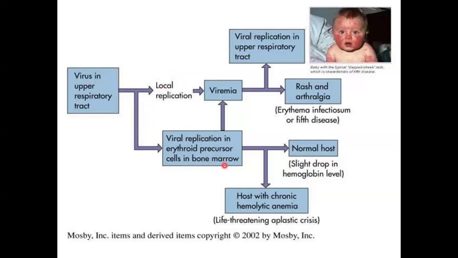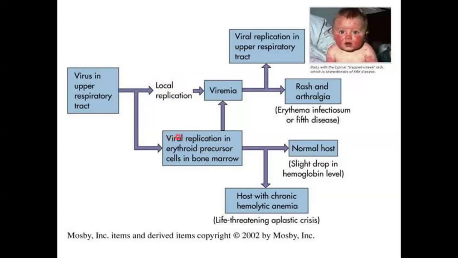We know how RBCs are produced. There are stages of RBC production. I'm sure you've heard of reticulocyte, which is usually the stage before we get the RBC. So all those precursor cells, the cells before RBCs are produced in the bone marrow, is where viral replication will take place.